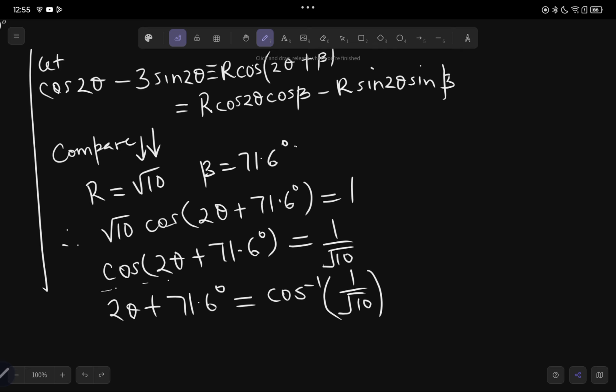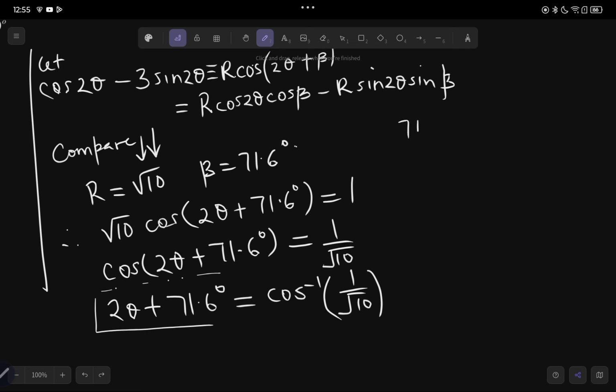In our question, which was asking us to find theta, they were asking us to find angles in the range 0 degrees to 360 degrees. But now there has been a change here, which means where there is 0 degrees, we shall say 0 times 2 plus 71.6.